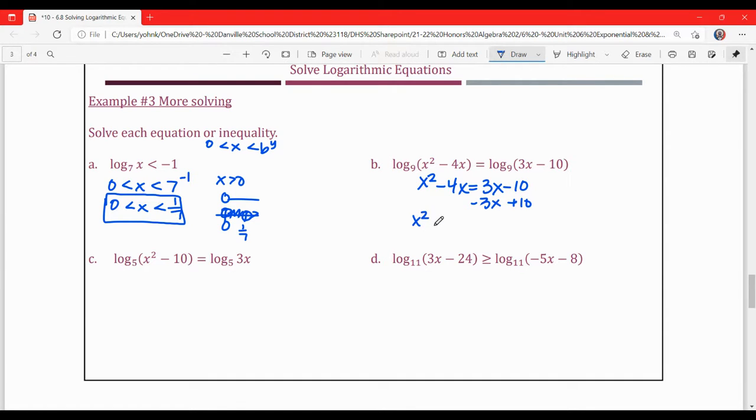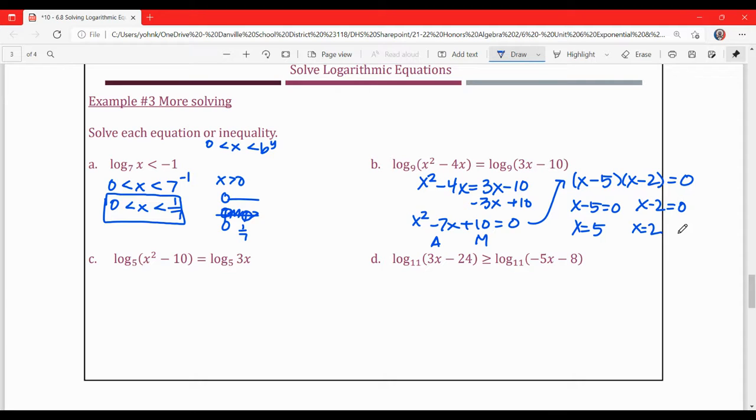So x squared minus 7x plus 10 equals 0. I can factor this, so this gives me x minus 5, x minus 2 equals 0. Multiplies to give me 10 and adds to give me negative 7. So x minus 5 equals 0, x minus 2 equals 0. So x equals 5 and x equals 2.